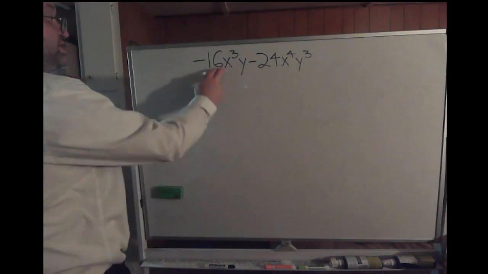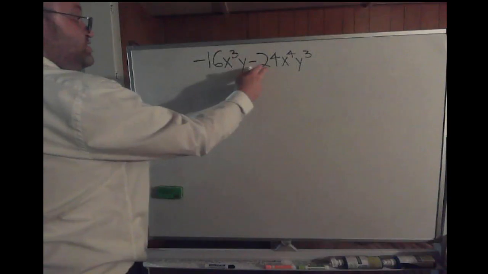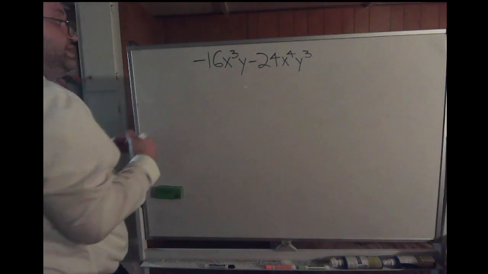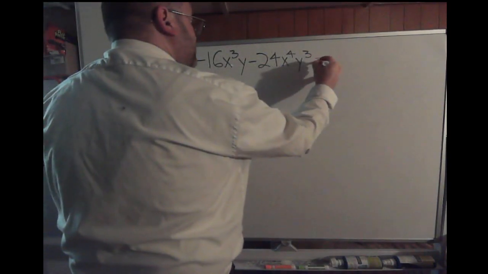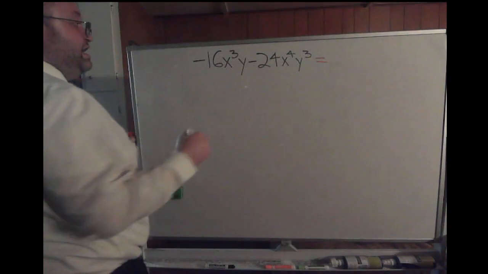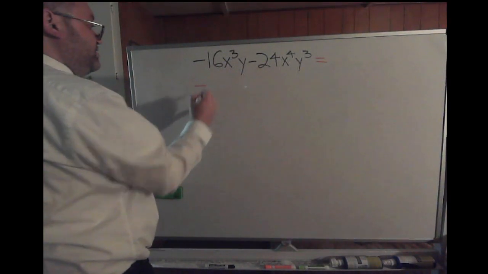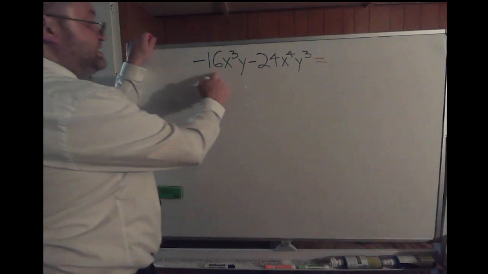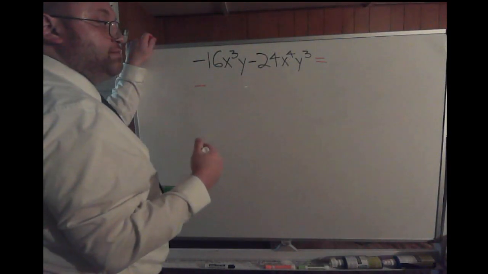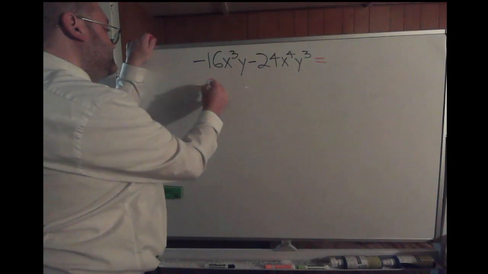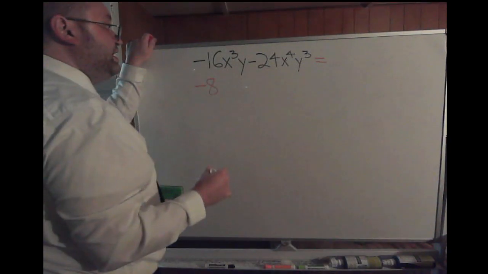So we got negative 16x cubed y minus 24x to the fourth y to the third. Well, let's look for what the constants have in common. There's definitely a negative 1 in common, or a negative sign, so that'll start it. Now between 16 and 24, what's the greatest common factor? That'd be 8. So far you got negative 8.